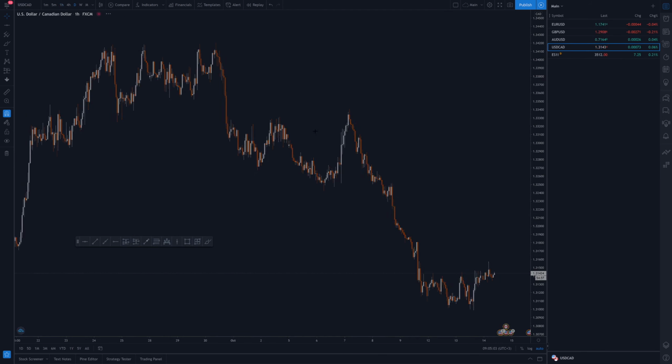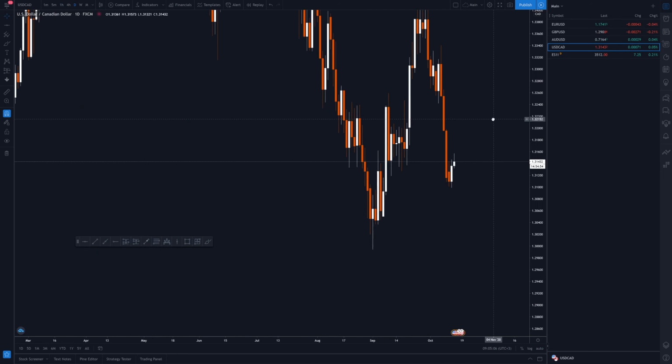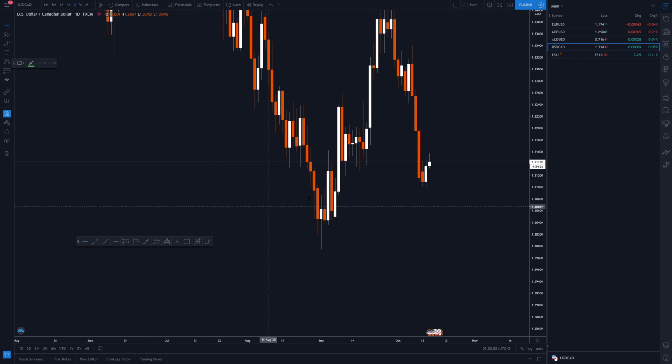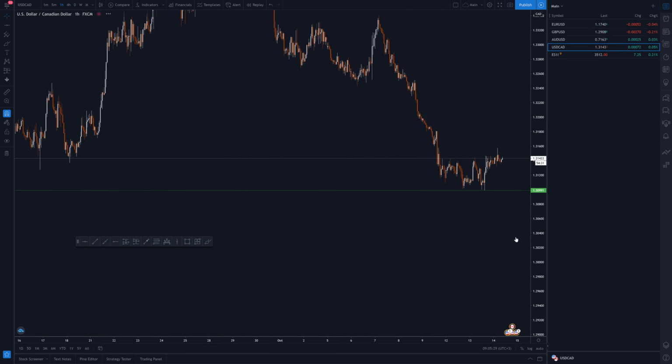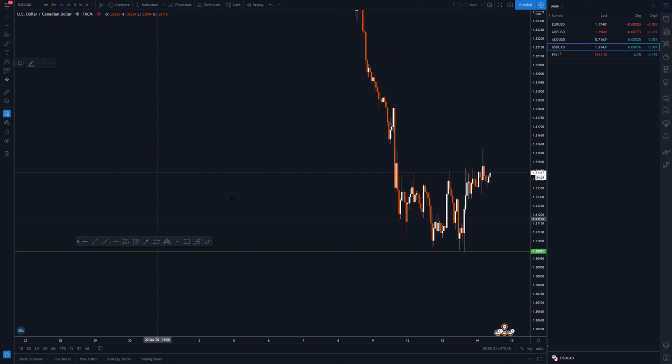Alright, USD Canadian. USD Canadian is inversely correlated to the pairs we just discussed, and it sort of created a bear trap for bears, where we tried to close below this swing low, and we did it 2 times in a row, but yesterday we closed higher, and my play for today is the following.